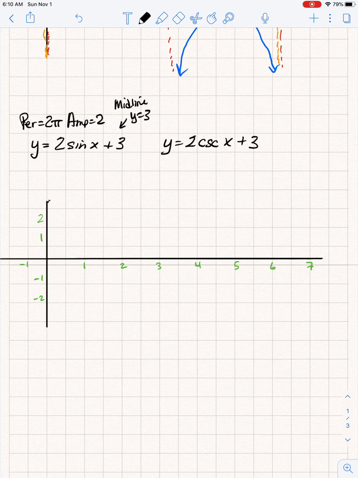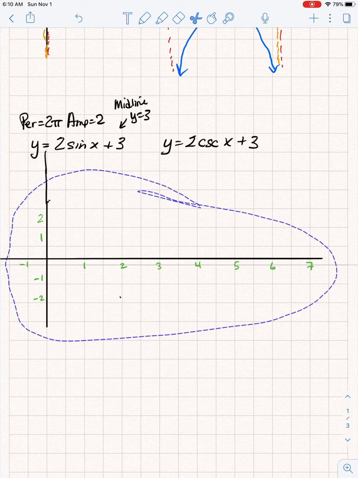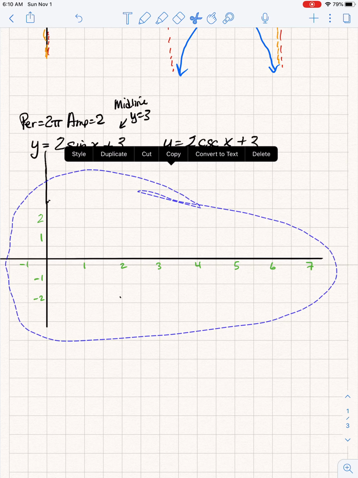In fact, looking here, my graph needs to be just a little longer. I wonder if I can still move this. Let's see if I can bring this down. Maybe. Let's grab this and see if I can move it on down.